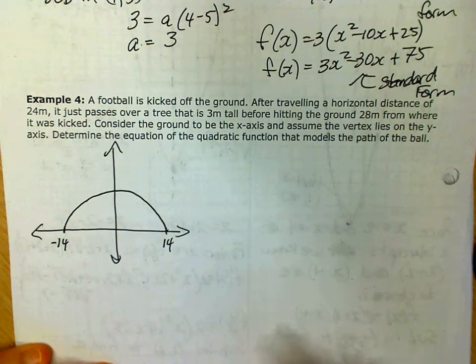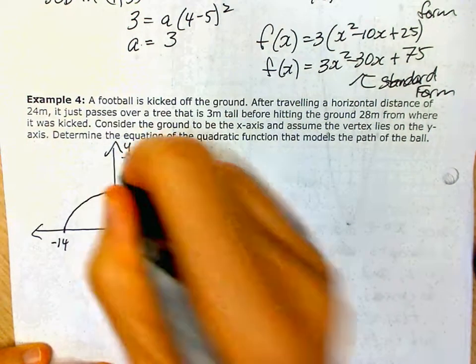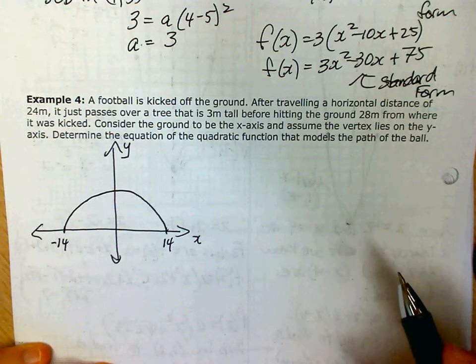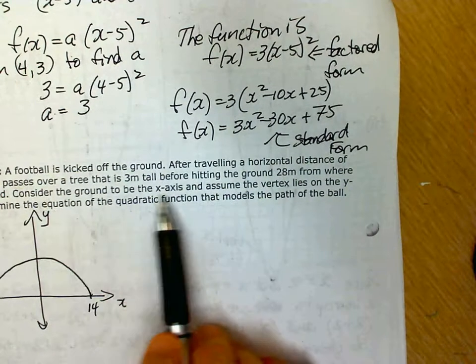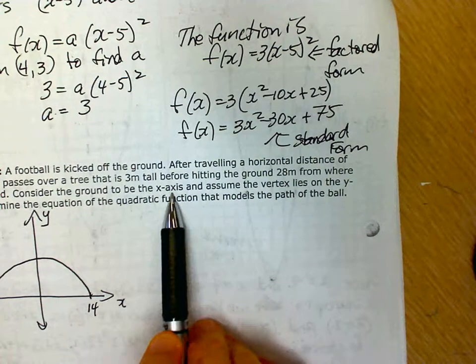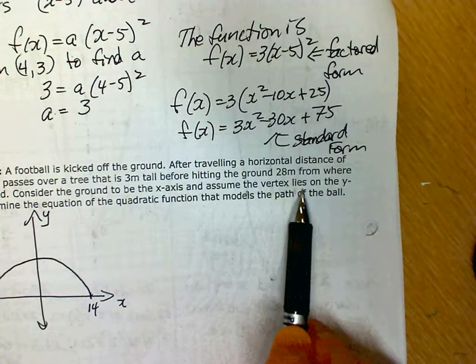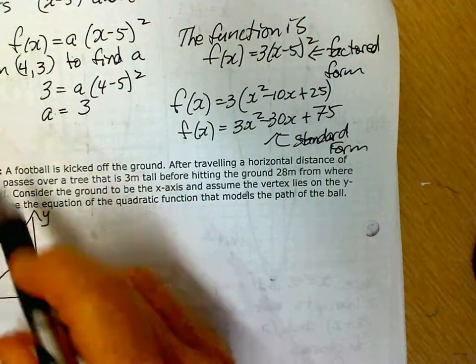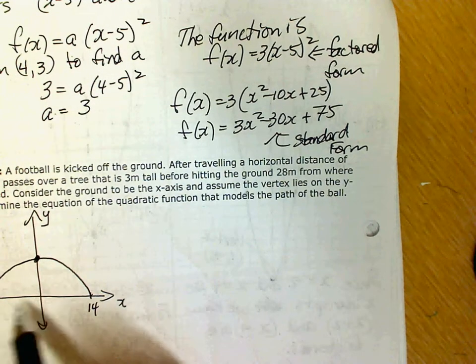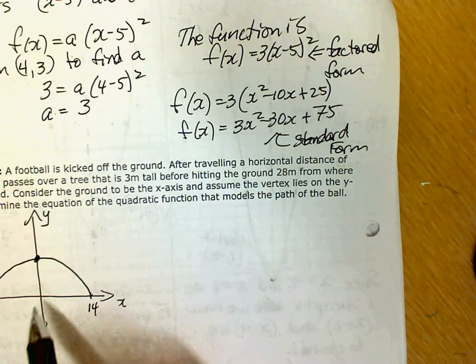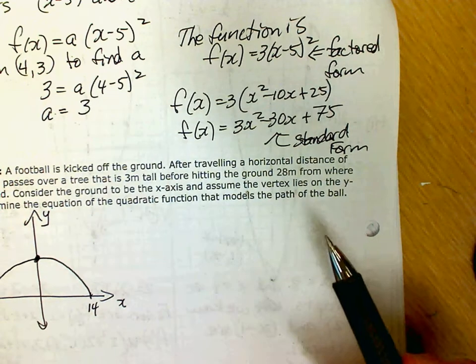We'll call this X, we'll call this Y. Plus they tell you, consider the ground to be the x-axis. Assume the vertex lies on the y-axis, so you know your vertex is there. So you know it has to travel half the distance here and half the distance here. Determine the equation.